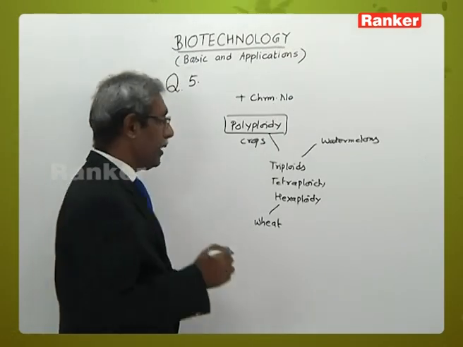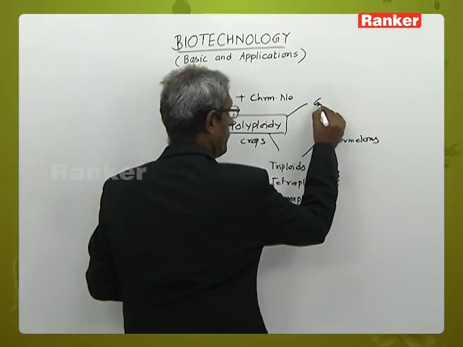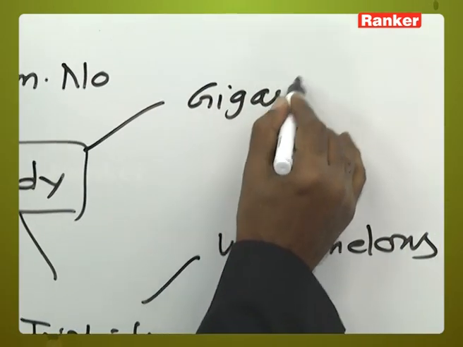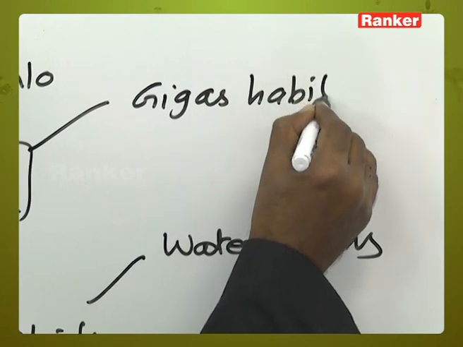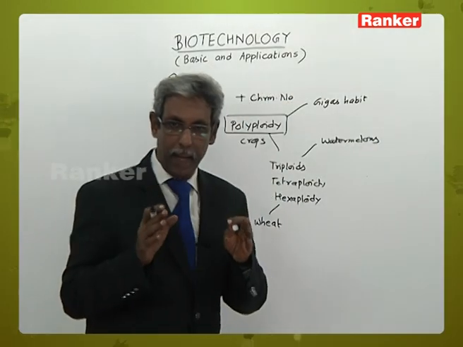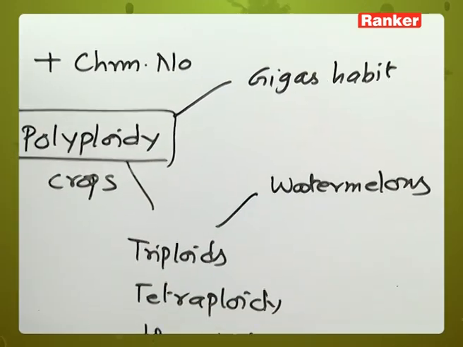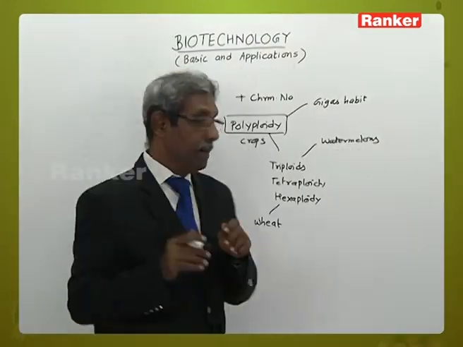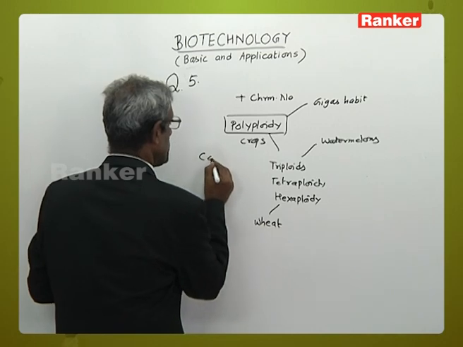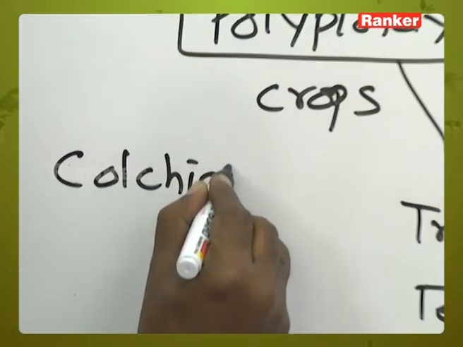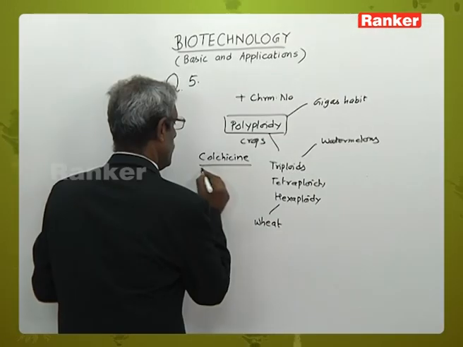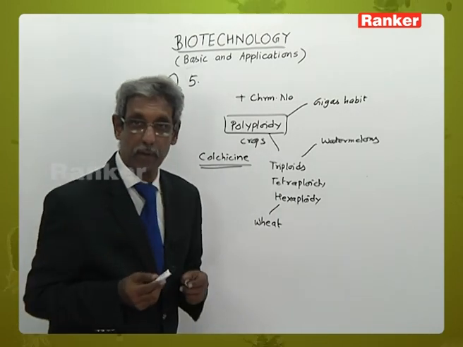Because of polyploidy we have gigas habit, like larger size of pineapple, larger size of cabbage and cauliflower, and this can primarily be induced by means of a chemical termed colchicine. Now what does colchicine do?